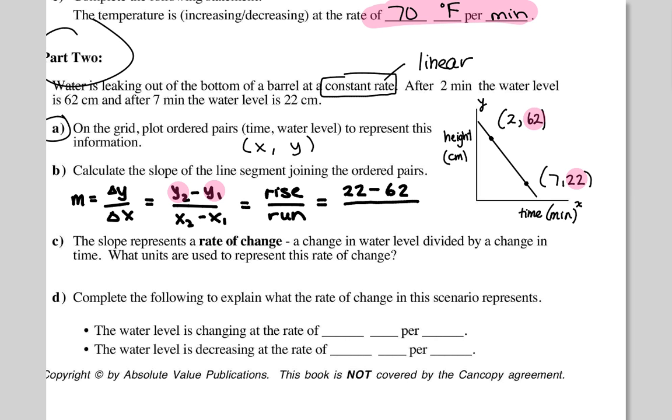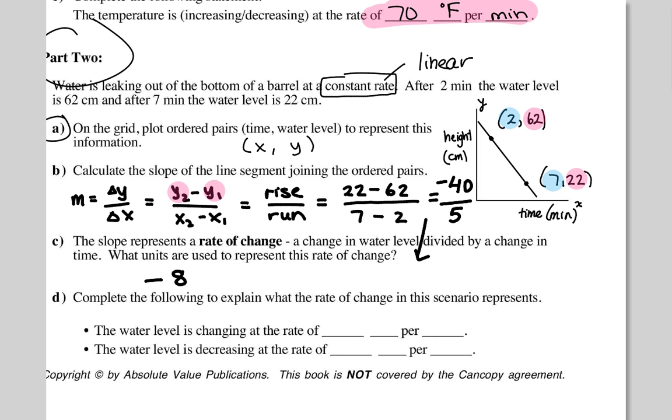And we got X2 and X1. So 7 take away 2. So 22 take away 62, what is that? Negative 40. And you're going to divide negative 40 by 5. Okay. So what do you get there?